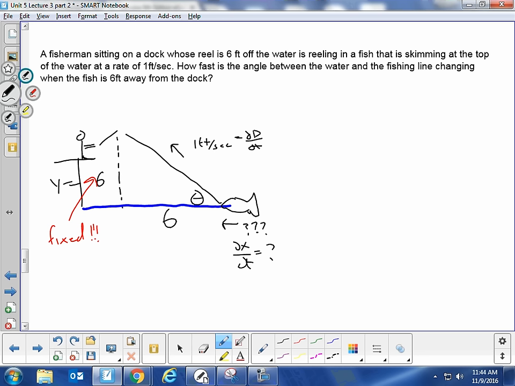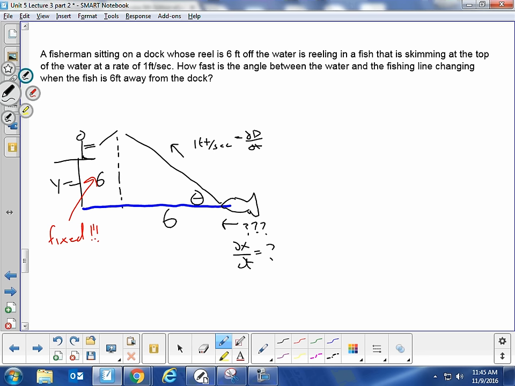Well, what should I be using? Sine, cosine, or tangent? Should I use tangent? Because I got that 6 and that 6. I would recommend not using tangent, unless you already did the problem that we did before and you already found dx dt.